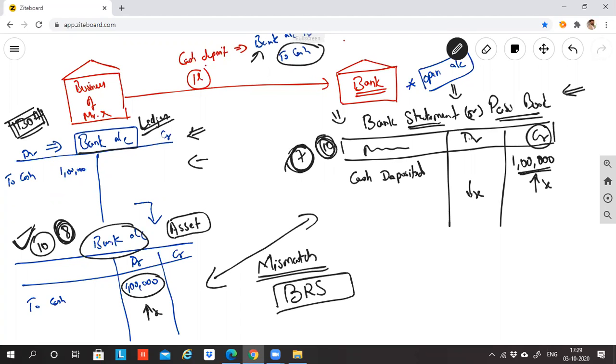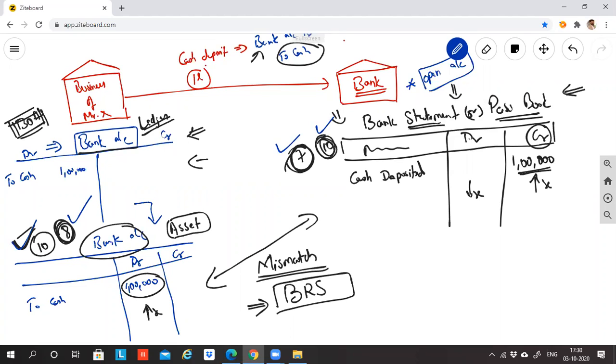To resolve the mismatch, I repeat, to resolve the mismatch, you prepare a statement of explanation. BRS is basically a statement of explanation which will explain why here there are 8 transactions and there 10, why here it is 7 transactions and there 10.